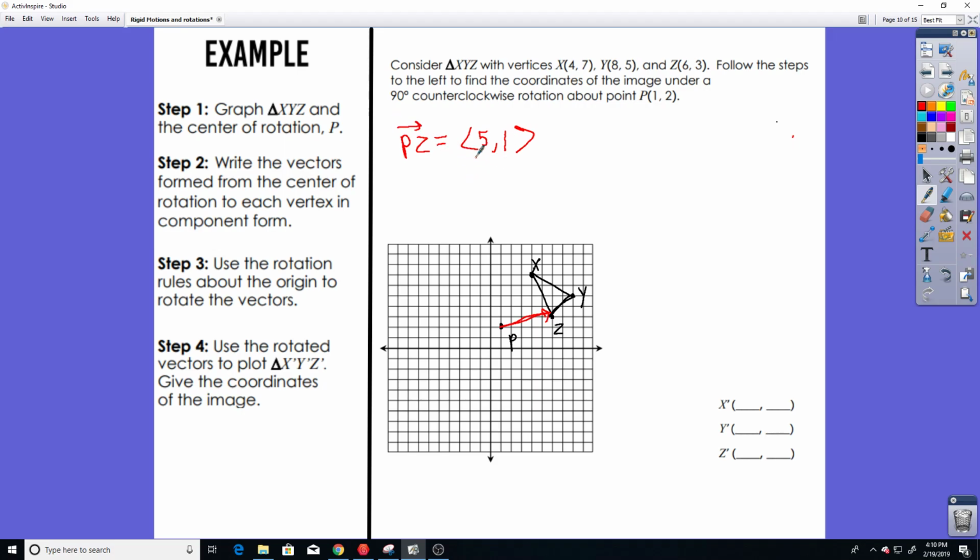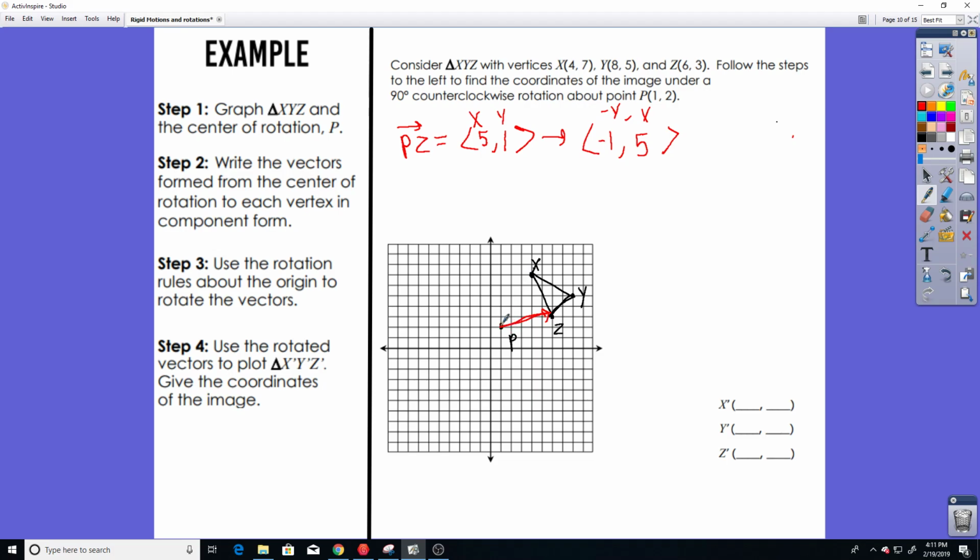Now, the rule for a 90-degree rotation is still the same. We have our (x, y), and it's going to change to (negative y, x). So it's going to be (-1, 5). What does that mean?